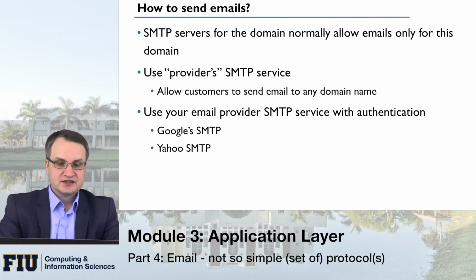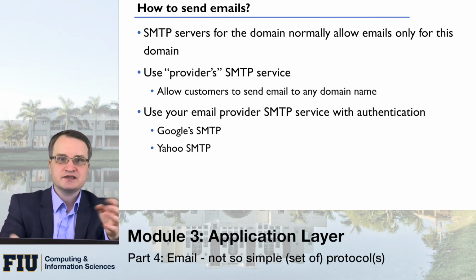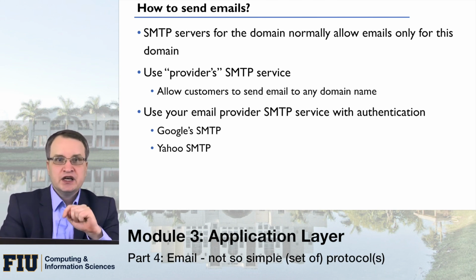So be aware of this interesting issue. This just highlights how many different providers we can use. As I said, if you're at home, there are SMTP servers at Comcast, AT&T, and all other providers. If you're using Gmail, you can easily use the SMTP service from Gmail.